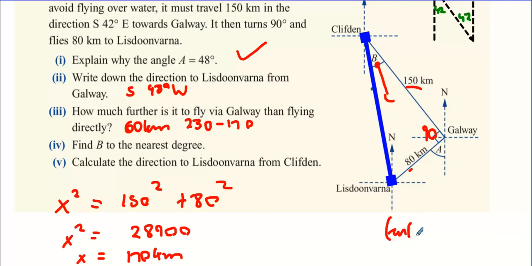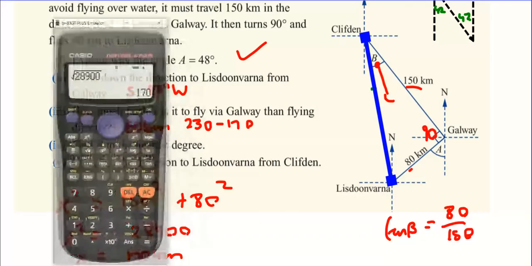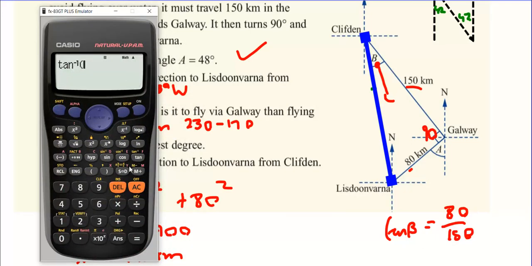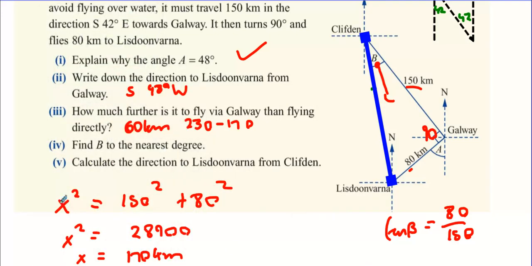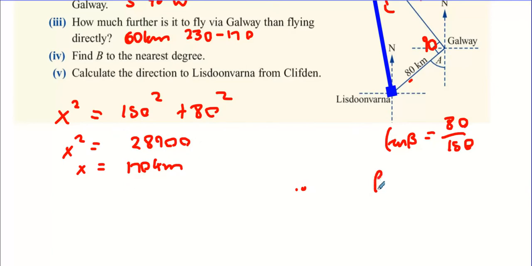So tan B equals 80 divided by 150. Tan inverse 80 over 150. It should be a narrow enough angle now. And it's 28.07, so 28 to the nearest degree.